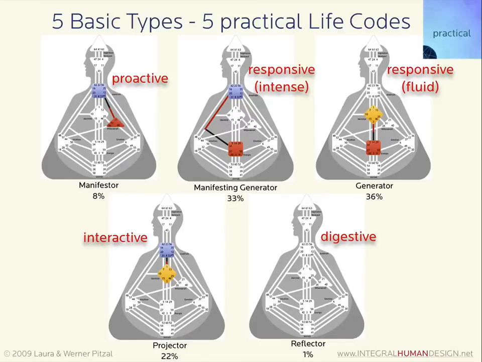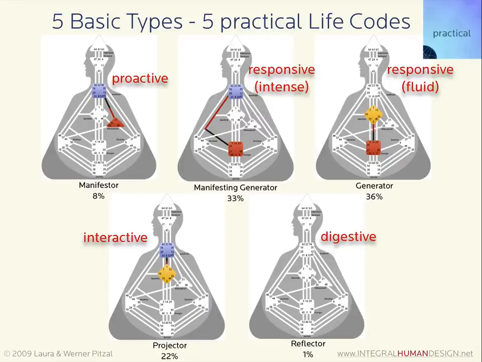It's essentially about relaxing. And the action that emerges from response can either be intense in the manifesting generator, or it's fluid and dynamic, and fluid and rhythmic in the generator. So there are different qualities to the lives depending on if you're a manifesting generator or a generator. The manifesting generator is going to be more of a sustained burst of energy.